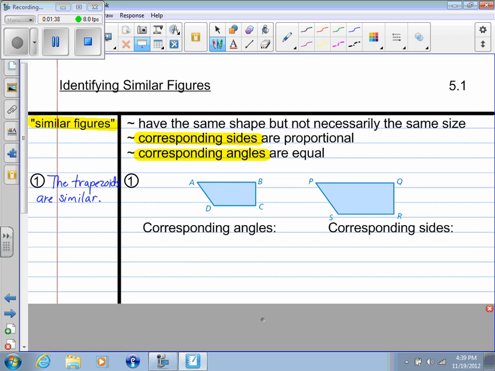Name the corresponding angles and sides. So copy down those two trapezoids, trapezoid ABCD and trapezoid PQRS.